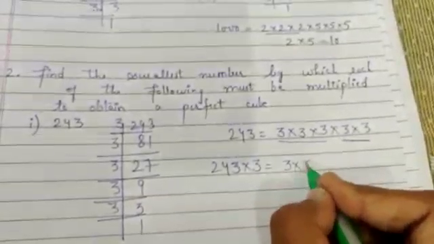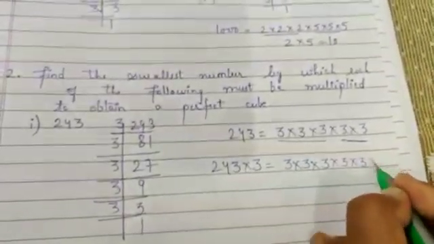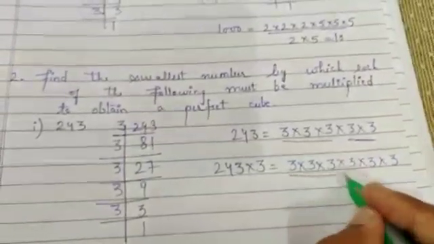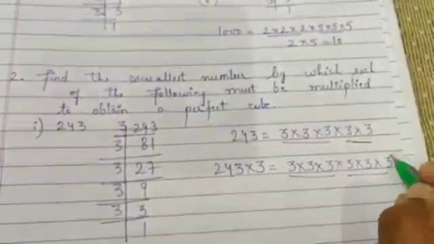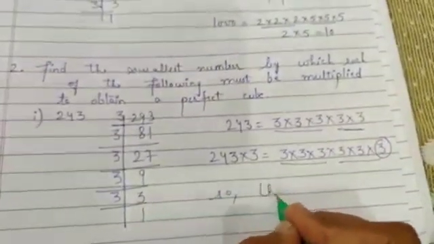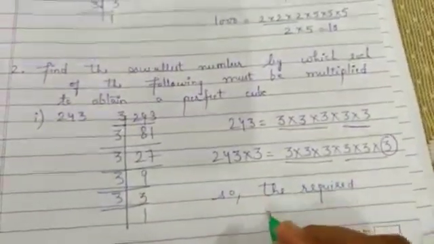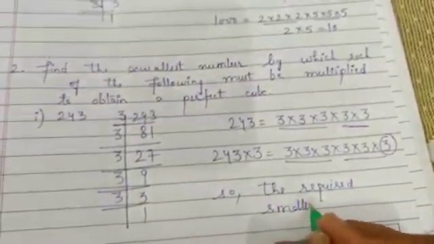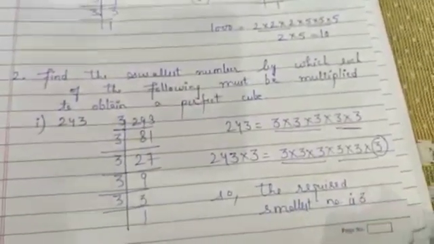So 3 into 3 into 3 into 3 into 3 into 3. See, 3 times, 3 times. So what is that smallest number? That smallest number is 3. So the required smallest number is 3.